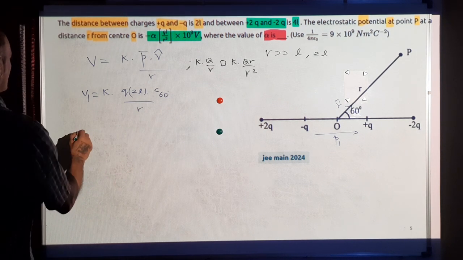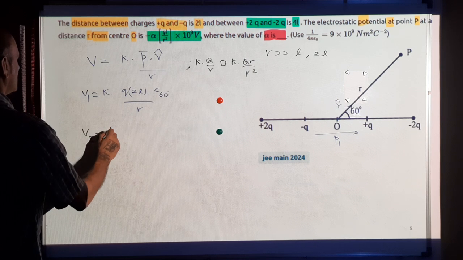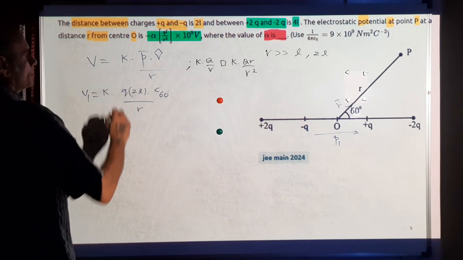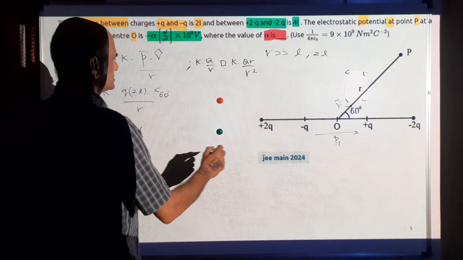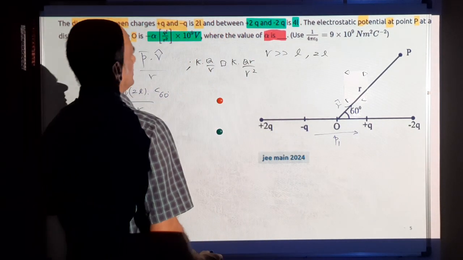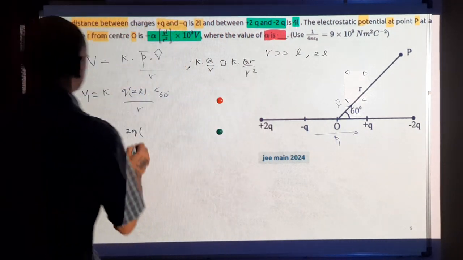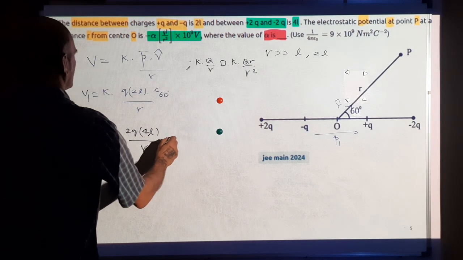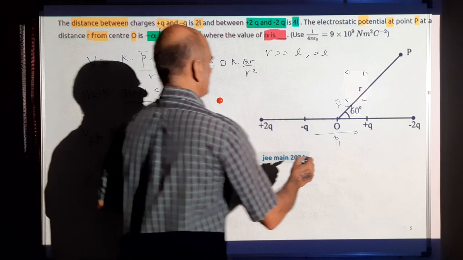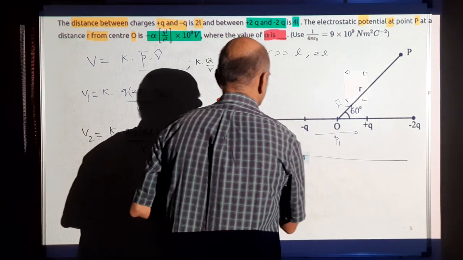For the second dipole, the potential due to it is K into P2, where the charge is 2Q and the separation is 4L from here to here, divided by R into the cos of the angle between P2 and R cap.